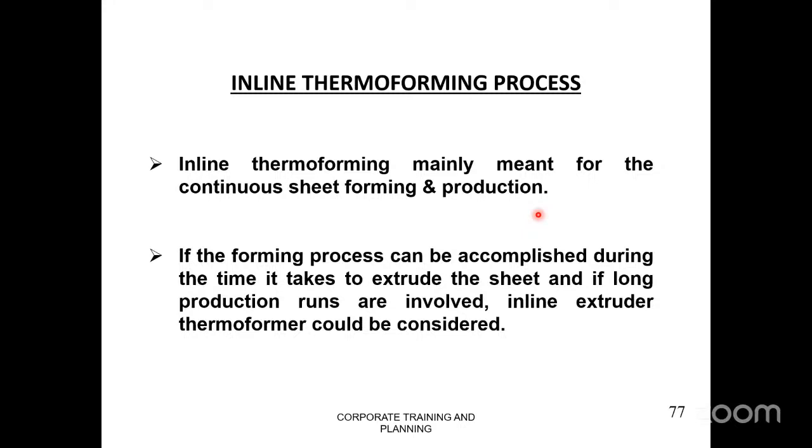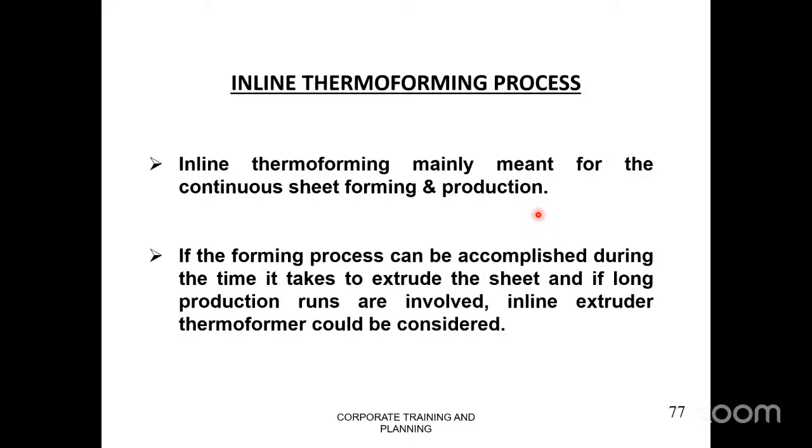Now, the inline thermoforming process. Till now, we have seen all batch type processes, right? Batch type means taking the sheet, putting it in the clamp, heating the sheet, and moving the mold up or down, or maybe the plug up or down. We have seen such systems till now.